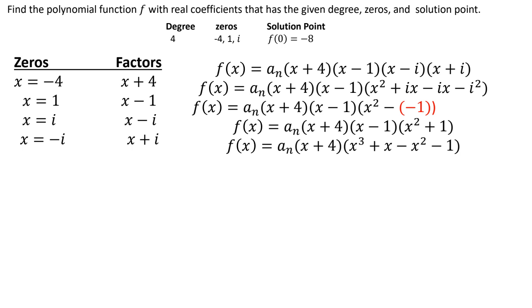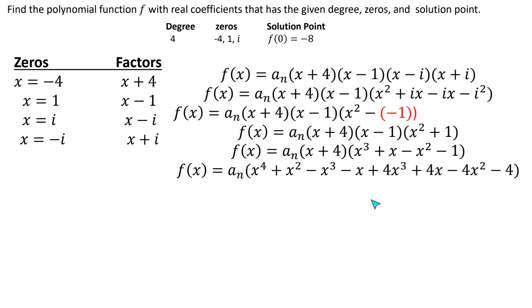So now we just multiply again. x times x squared is x cubed. x times 1 is x. -1 times x squared is -x squared. And then we're going to go ahead and keep multiplying.